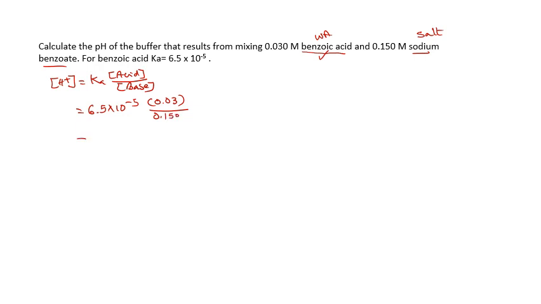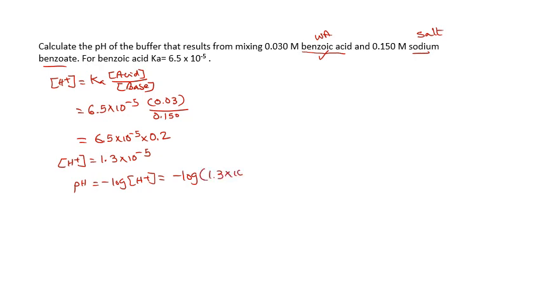Okay, so in that case, we can find 6.5 times 10 to the power negative 5 times 0.2. So concentration of hydrogen ion equals 1.3 times 10 to the power negative 5. So now we can find the pH as usual, negative log hydrogen ion concentration, that equals negative log 1.3 times 10 to the power negative 5, that equals 4.89.